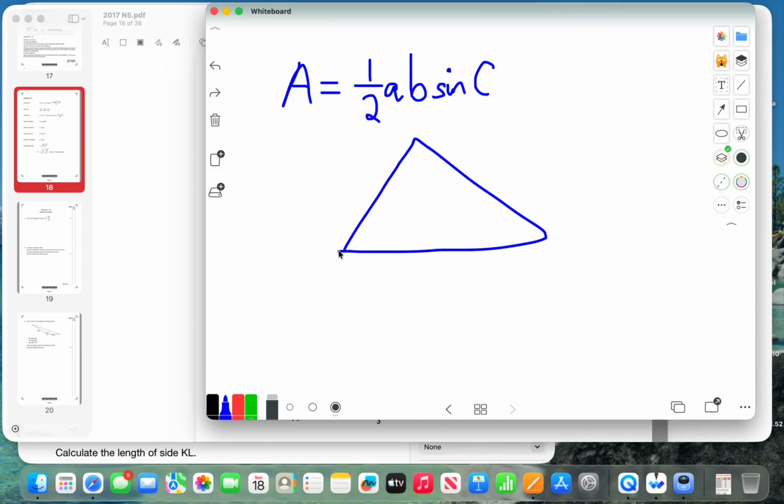We have this. The capitals are the angles. The lowercase are sides. And they are opposite each other. So the side and the angle, which are the same letter, are opposite each other.